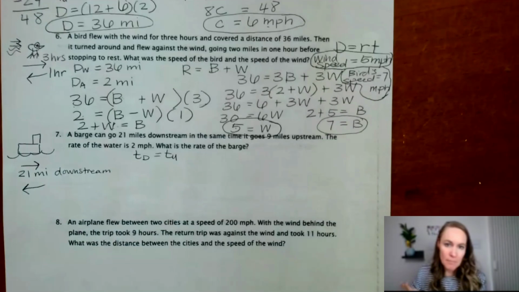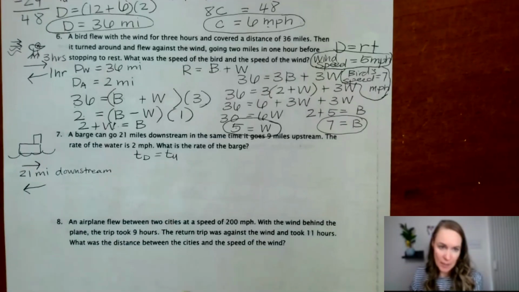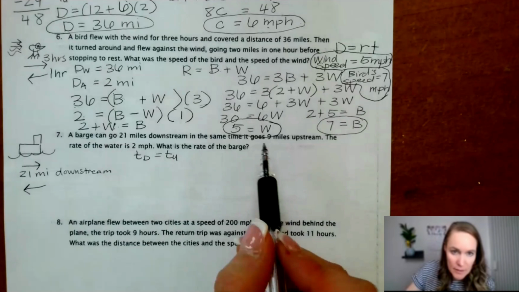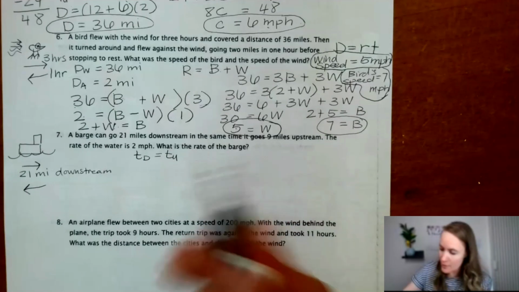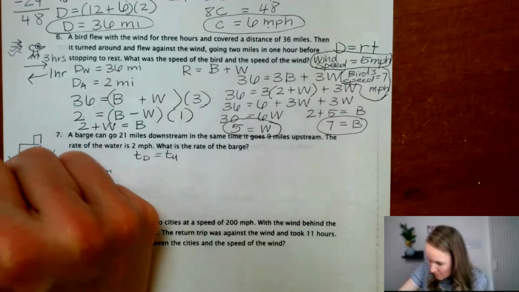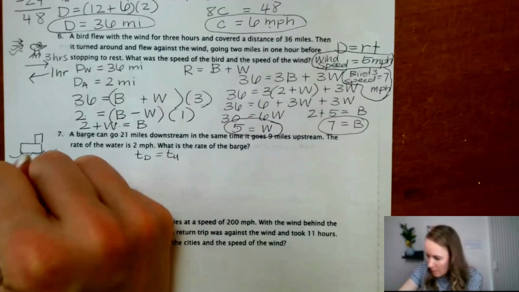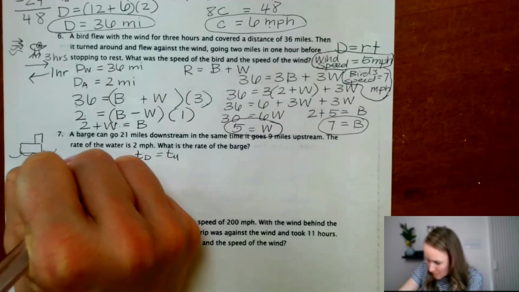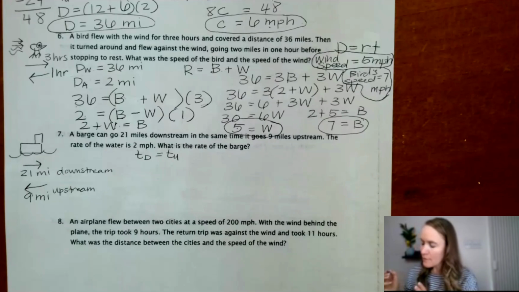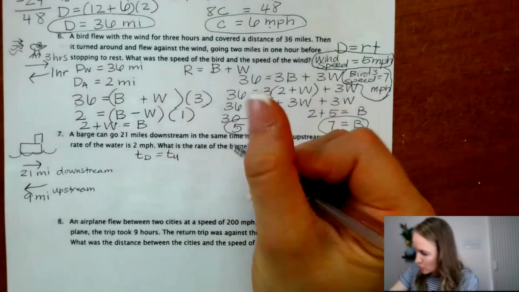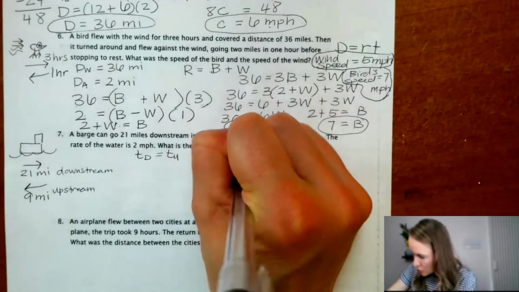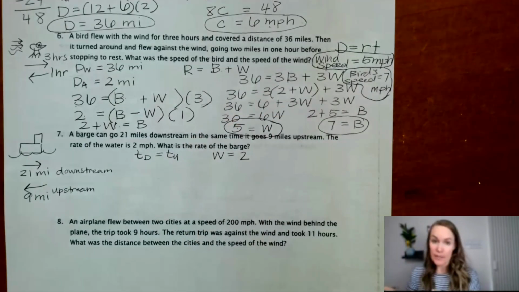That just lets me know that the times are the same. In the same time, it goes 9 miles upstream. 9 miles upstream. Okay, the rate of the water is 2 miles per hour. So water is 2. What is the rate of the barge?